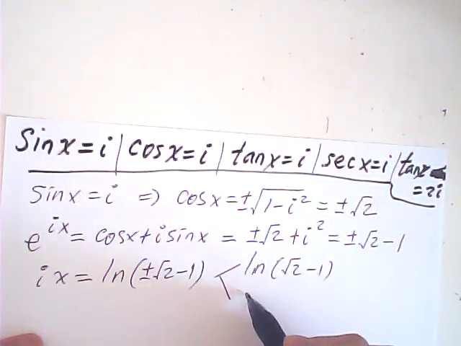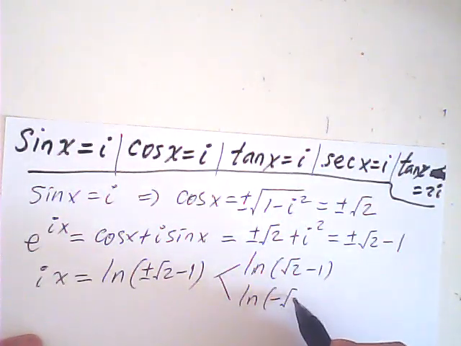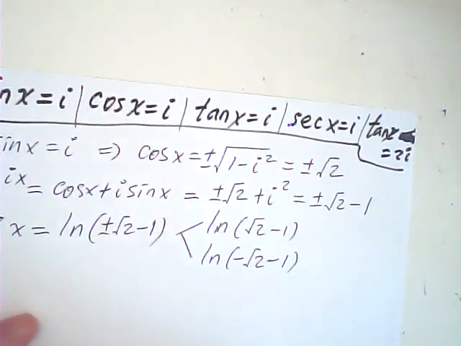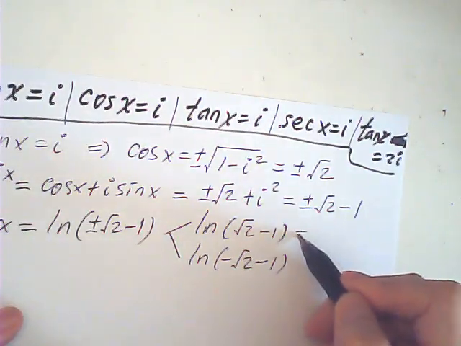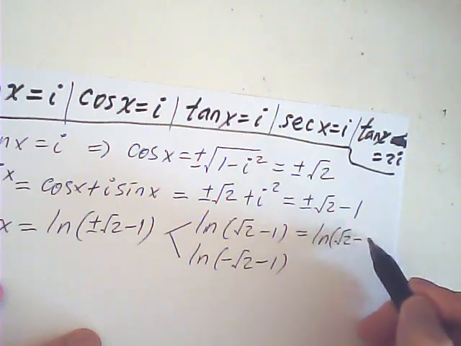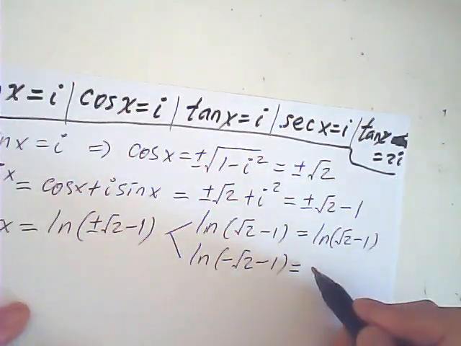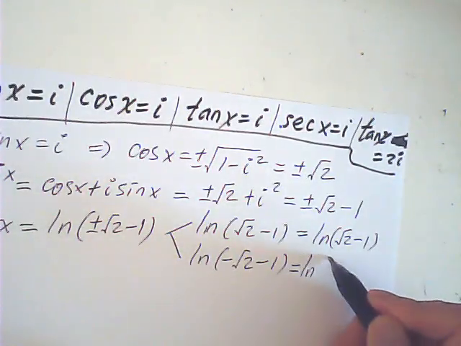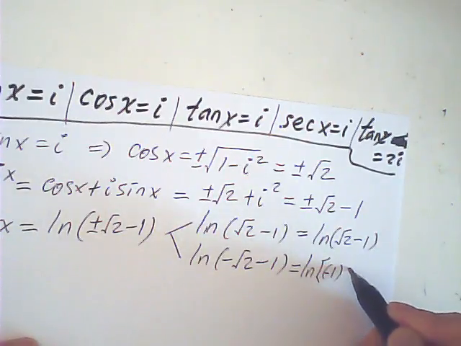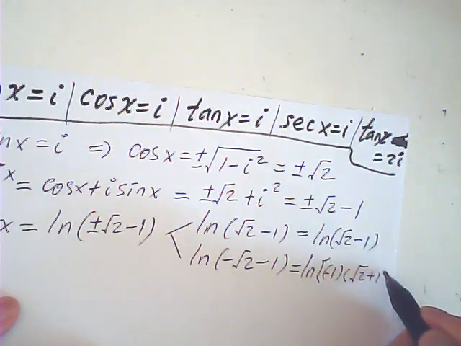The other one is log of negative root 2 minus 1. This one is okay because root 2 minus 1 is positive. The other one is equal to log of negative 1 multiplied by root 2 plus 1, right?